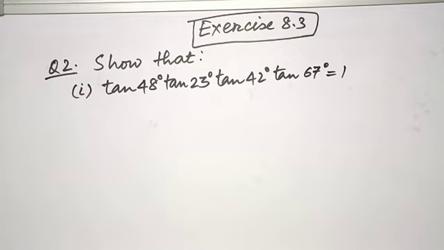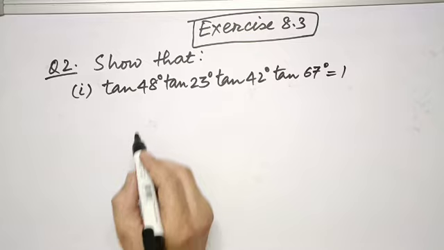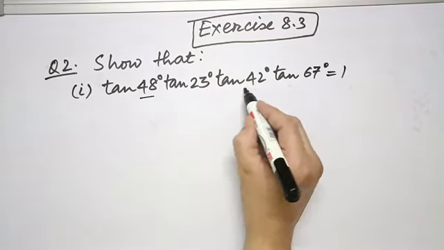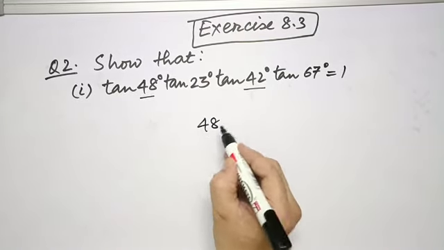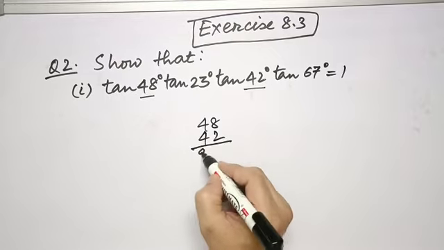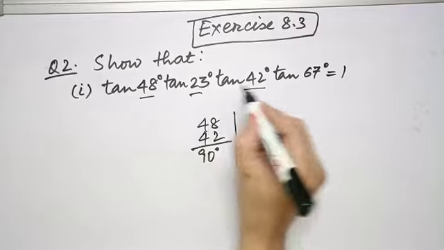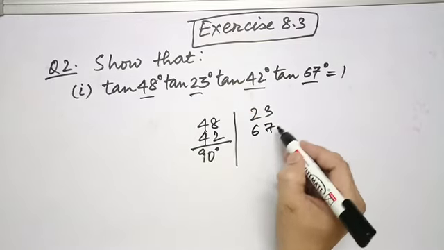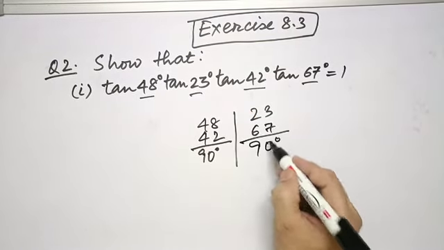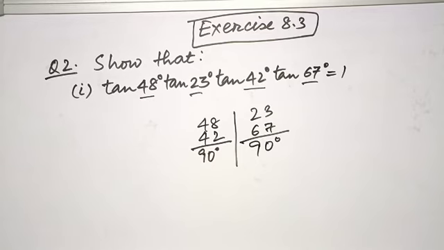That's all. Now before starting this question, let me show you something. You see, there is 48 and there is 42. If you add these two, you are going to get 90, right? Similarly, there is 23 here and 67 here. If you add these two, you are going to get 90 again. So there is a clue given in the question itself.